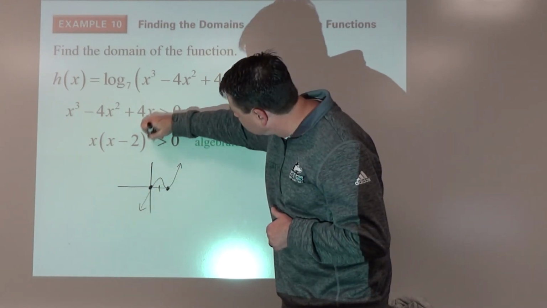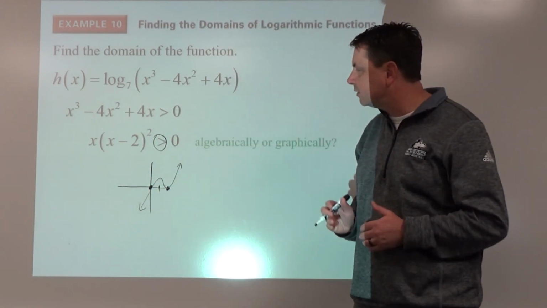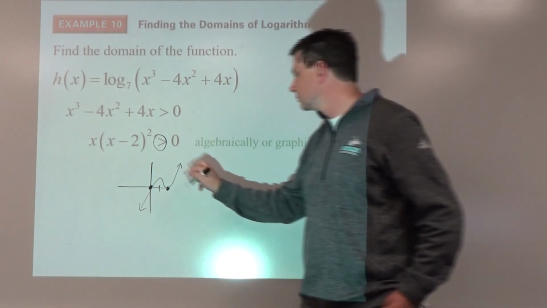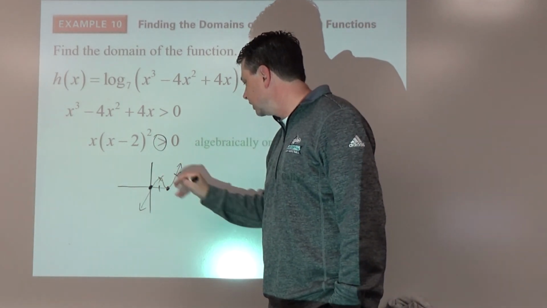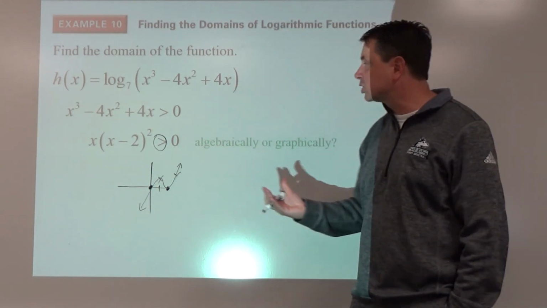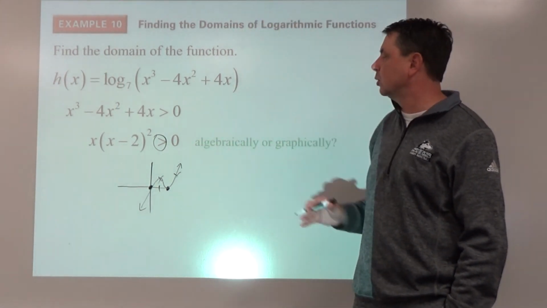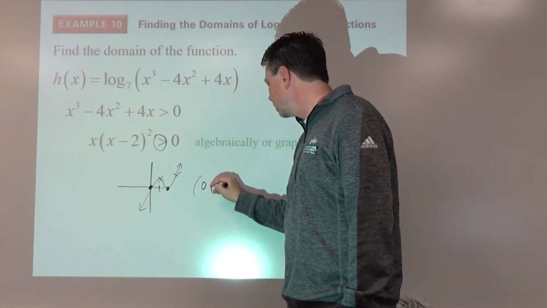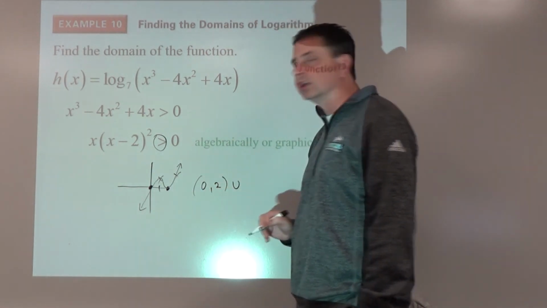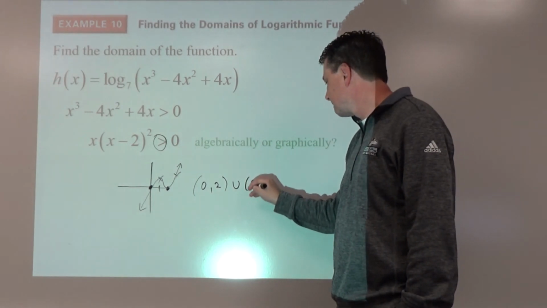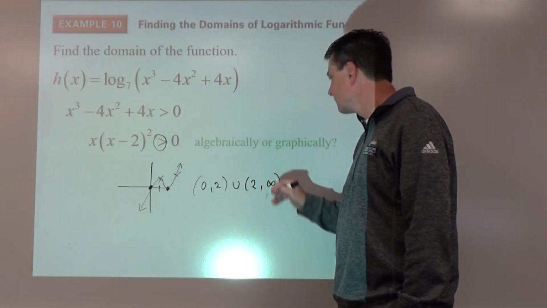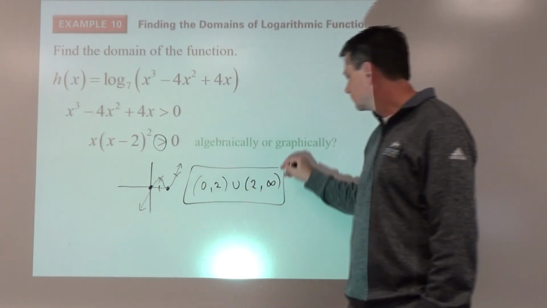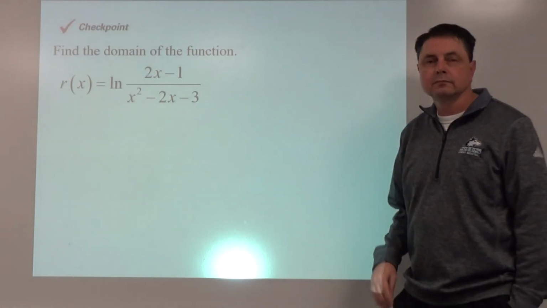Now, we're looking for where our graph is above the x-axis. Here and here. So our algebraic solution for our domain would then end up being from 0 to 2, the union, 2 to infinity. There's the domain of the function.